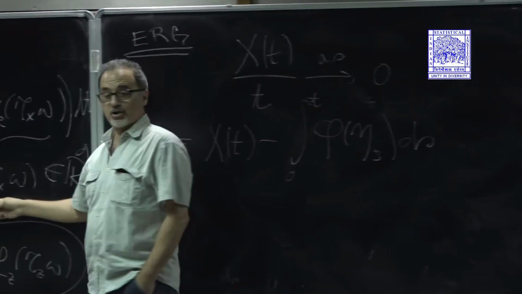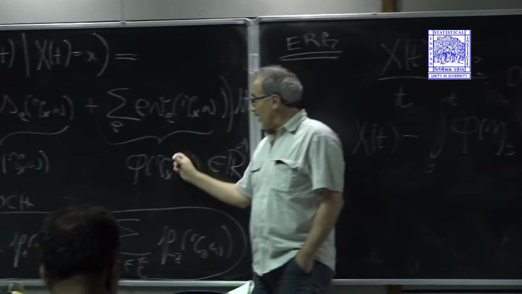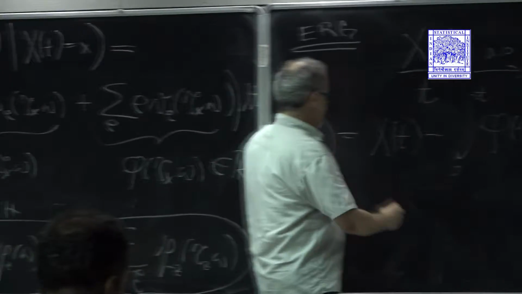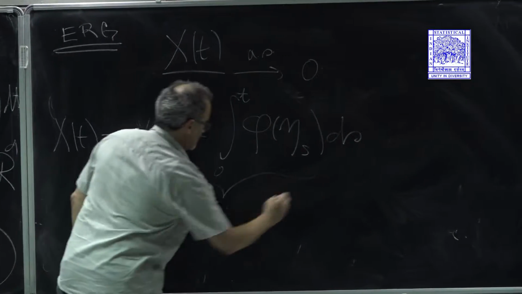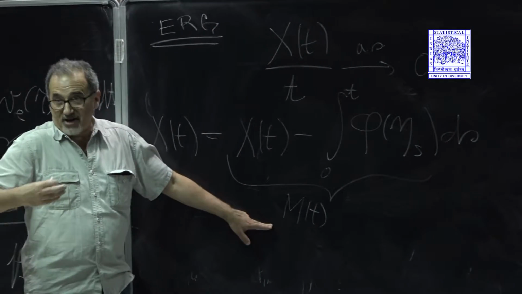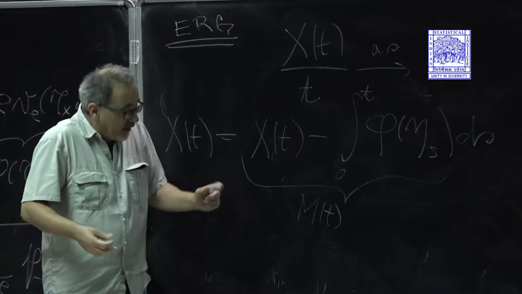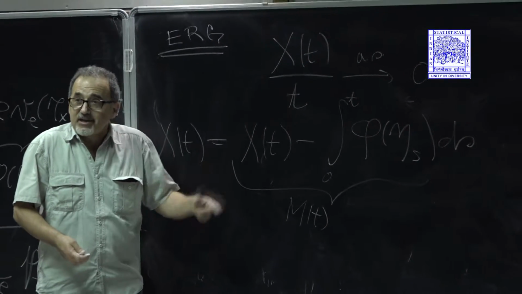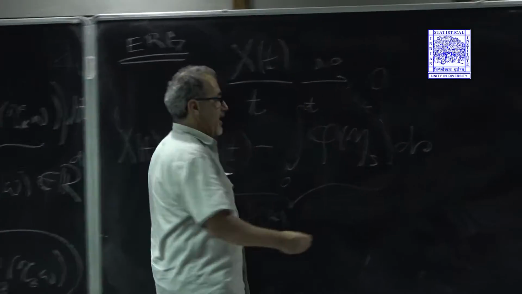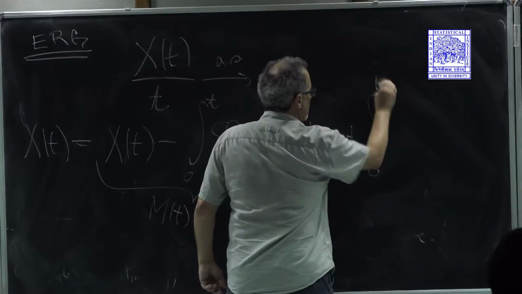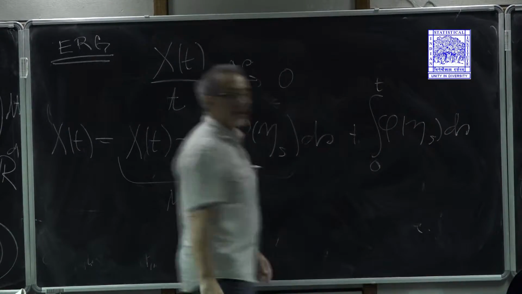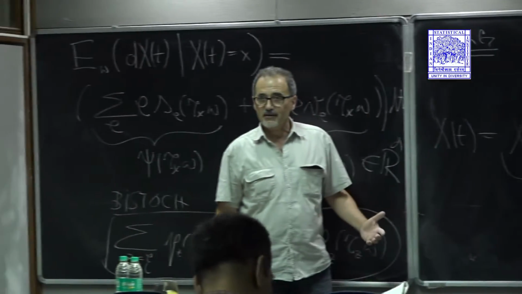Mind, phi is this function. It makes sense to integrate it along the trajectory, right? The first part is a martingale, because I just subtracted what I have to subtract locally at each single second. I subtracted the expectation of the next little move. Of course, I add back what I subtracted. This is just a tautology, it's nothing.